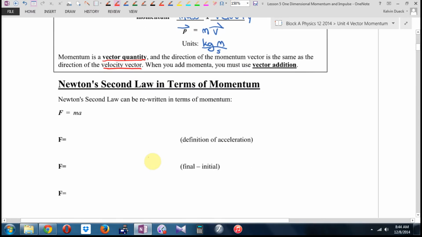In fact, Newton's second law can be rewritten in terms of momentum. Newton's second law is F equals ma, which is really m times change in velocity over change in time. That's the definition of acceleration, a change in velocity over a change in time.